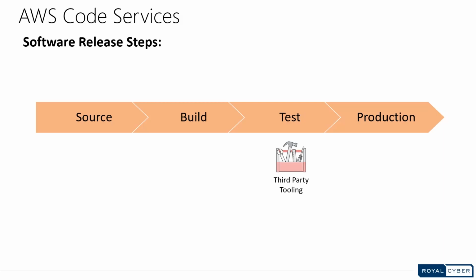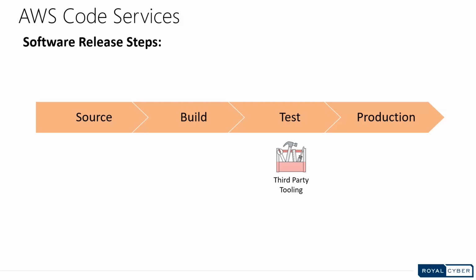As we talked about, we want to make sure that unit testing is done. In our example, we're going to be using an AWS partner solution called Ghost Inspector to test that unit testing is passing for our application. But we also want to make sure that the APIs that the front end is calling are functioning properly.